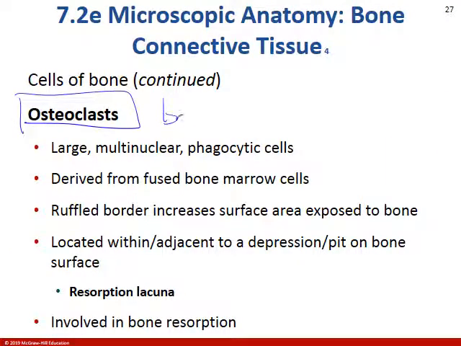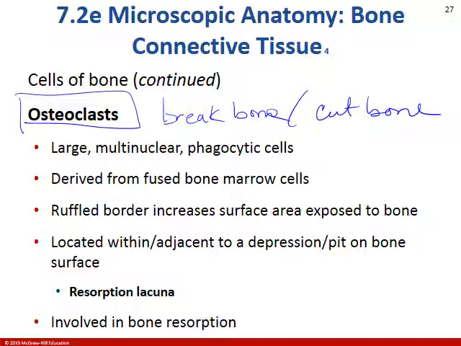Osteoclasts are able to break bone, or if you want to think cut bone, either way. So osteoclasts are derived from bone marrow cells. They're multinuclear. That means they have lots of nuclei. The cell never split into separate cells when it was dividing. It just became this really large cell.